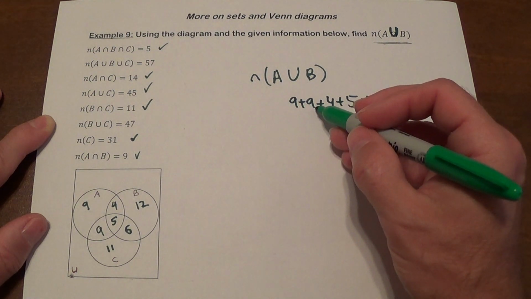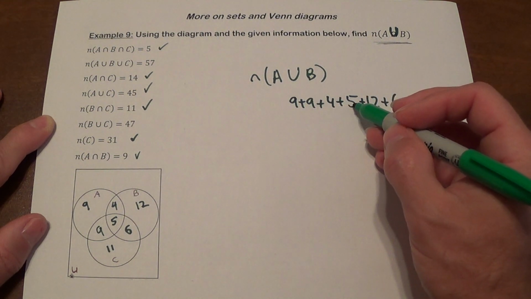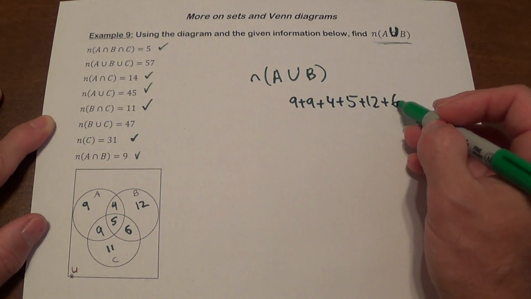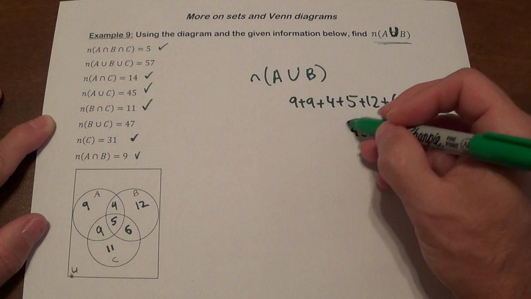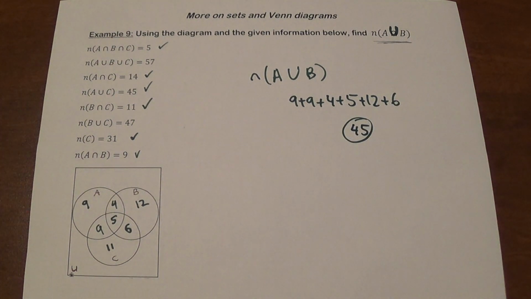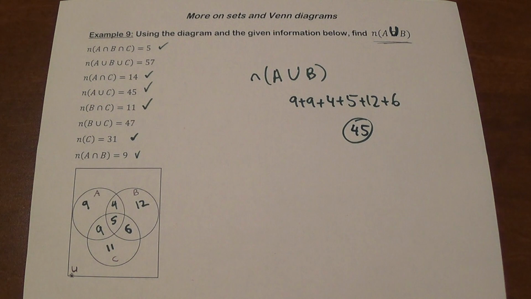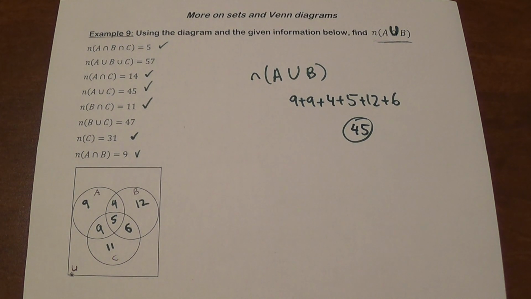So that's 18, 22, 27, 39, 39 plus 6 is going to be 45. Okay, this is how it's done. These problems are a little bit more challenging and they do take time, and you need to be very careful with the arithmetic here. Otherwise, they're not too complicated. I hope this helps.